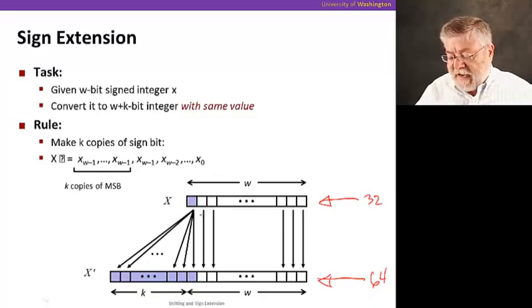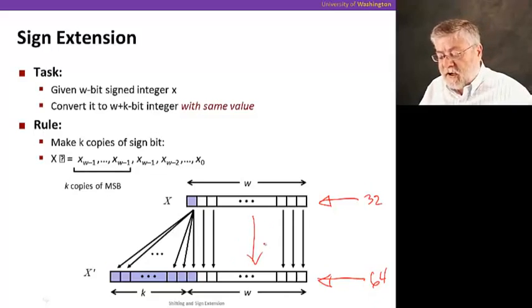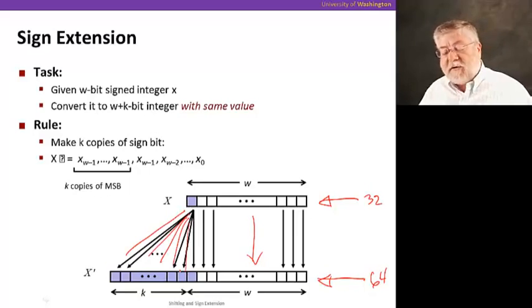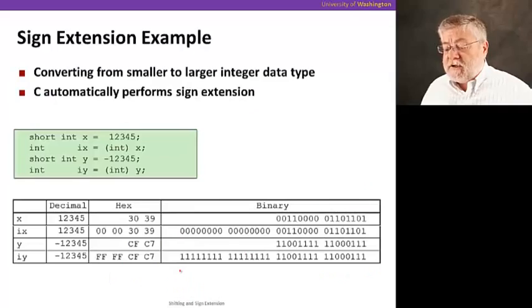What we're going to do is copy the 31 low order bits directly down into the larger representation, but then the most significant bit we will copy throughout the upper 32 bits. We do that to keep the number positive if it was originally positive, or negative if it was originally negative.